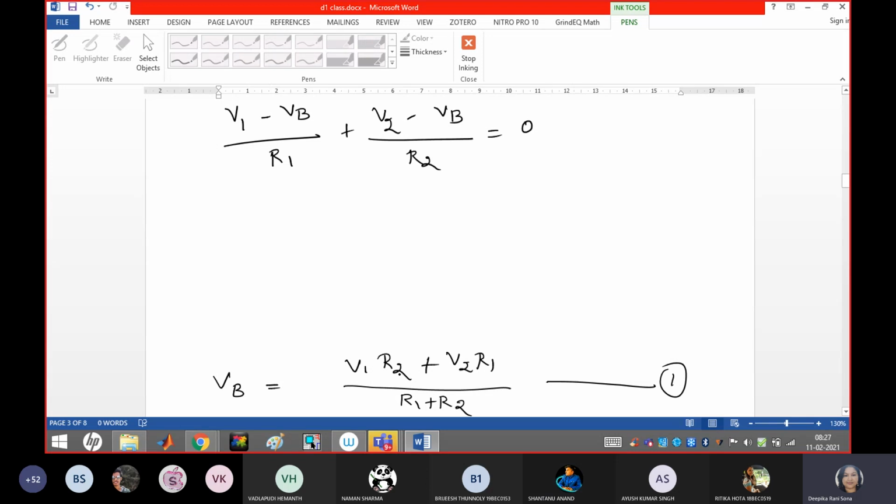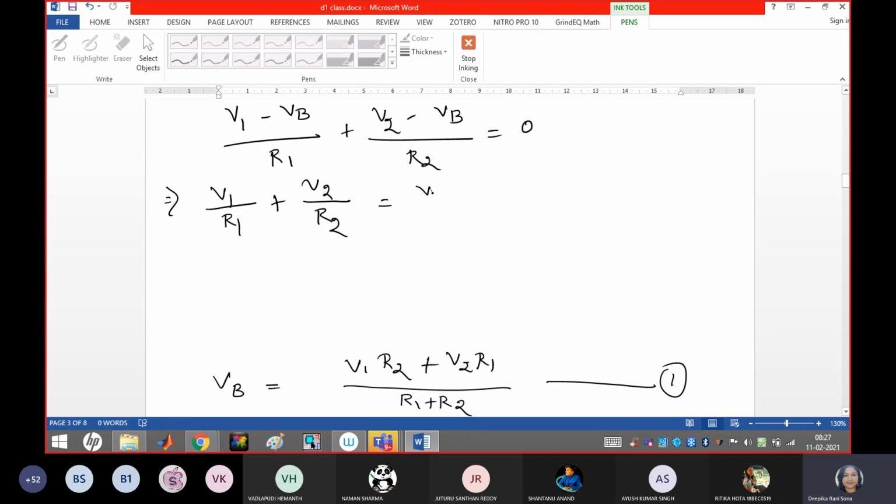Guys, whether you all got this equation in this form for VB or not? Yes, ma'am. Very good. So in the first equation, V1 by R1 plus V2 by R2, we have to take the VB to the other side. What is our requirement? We have to find out this unknown VB only, because VB is the input voltage for the op amp.